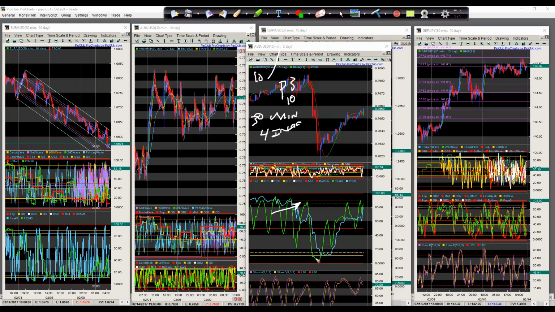A data point is a data point. So the blue here is the 30-minute Peak 3, hence the P330 that Mark saw up here. Peak 3 for the 30-minute chart, as a script.